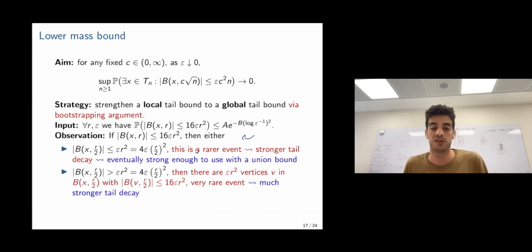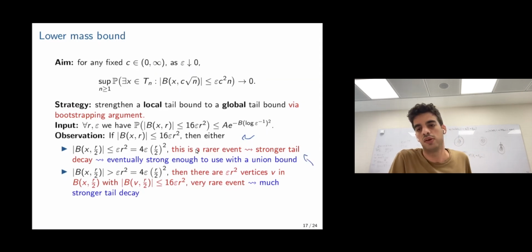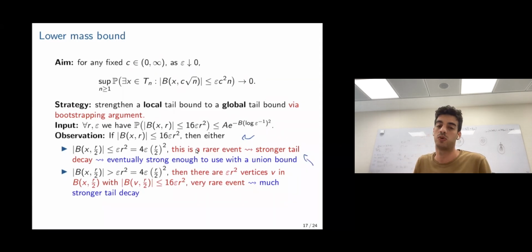Either the smaller ball is small or it's big. The event that the small ball is big can be immediately dealt with using a Markov inequality, and this one becomes slightly better. We get a slightly better bound. So we continue decomposing this one over and over again until we eventually get something strong enough that we can multiply it by n and get that it's very small, and we fulfill this dream that we had.